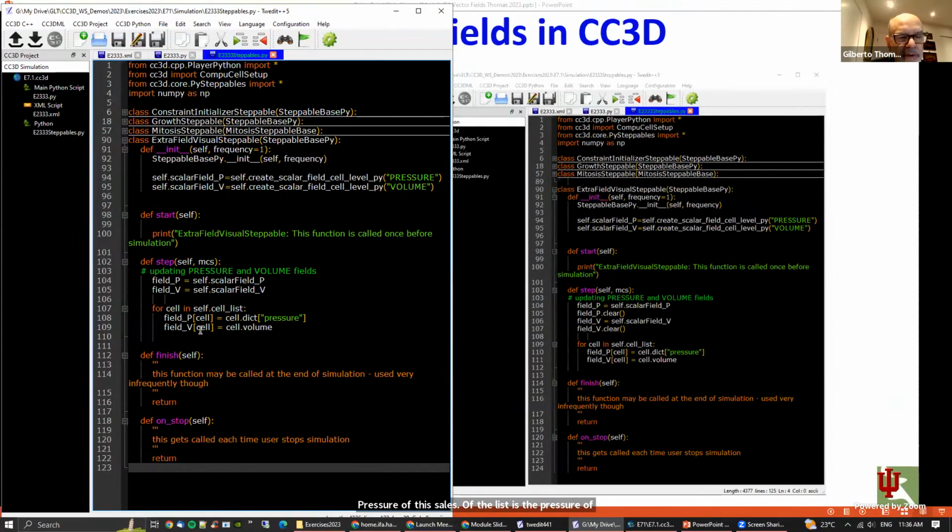And the field volume for the cell in the list is the volume of that cell. So I'm doing a map here in the grid, saying that in the position of the cell, the pressure is the pressure of that cell. The same for the volume. At the position of the cell, the value of the field volume is the cell volume. Okay, I think we can catch this.